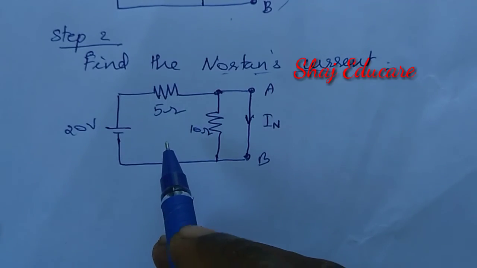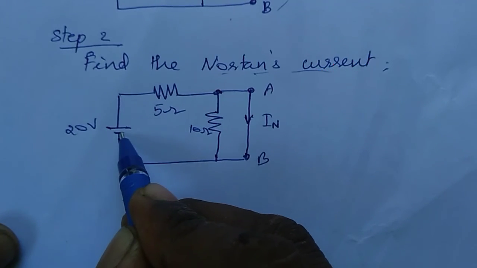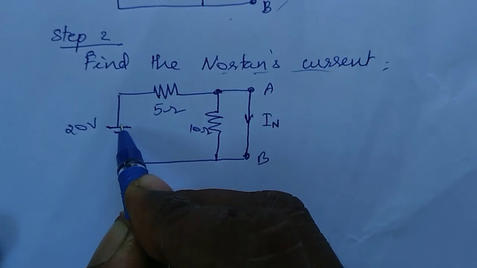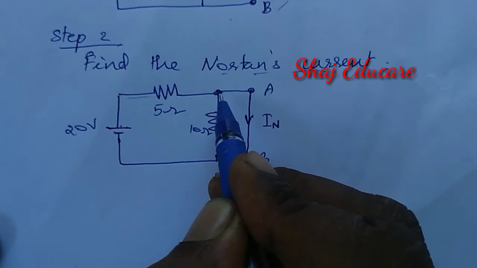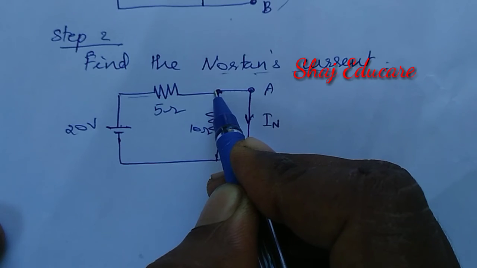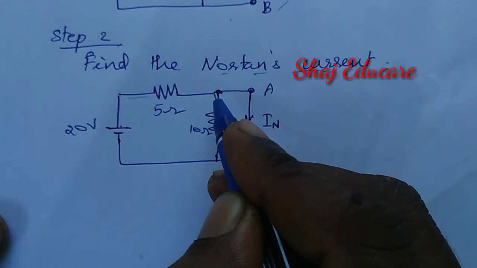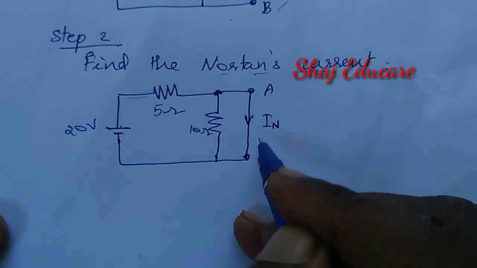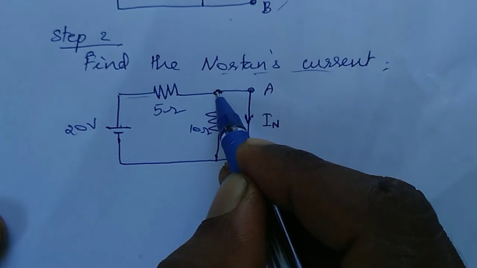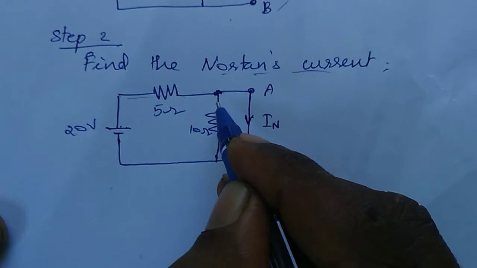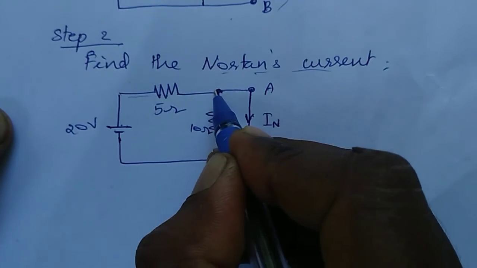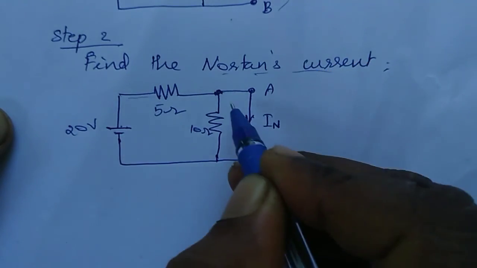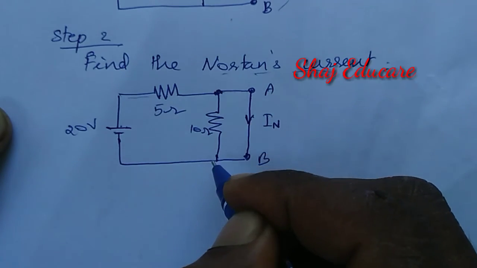If we analyze the circuit carefully, a current will flow from the 20 volt voltage source through the 5 ohm resistance and reach the first node here, and there is a tendency for that current to pass through A and B, and also the same tendency to flow through this 10 ohm resistance. Means the current upon reaching this point can flow through this path, or else it can flow through the 10 ohm resistance also.